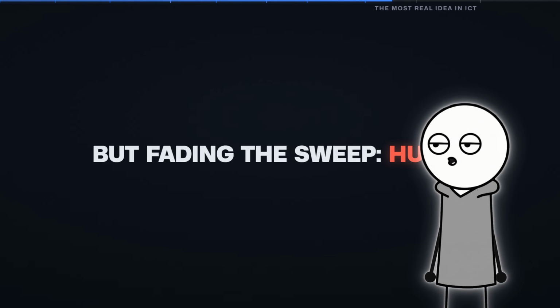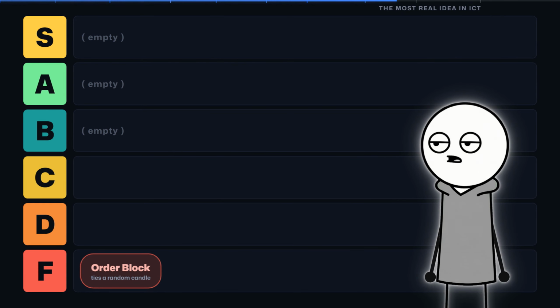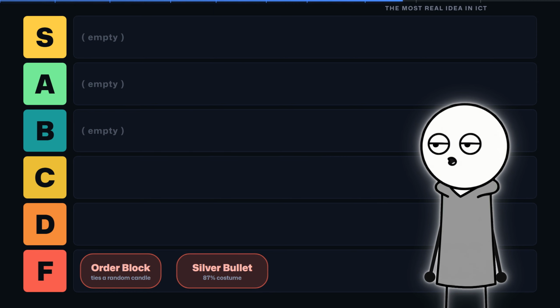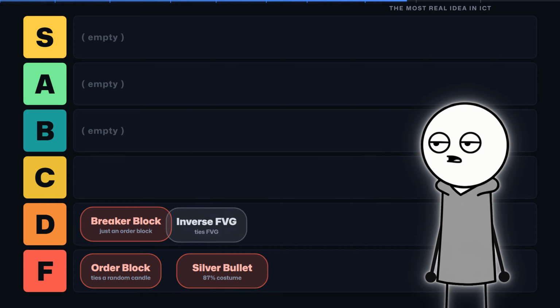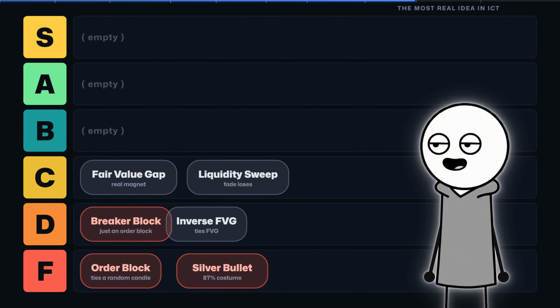If you only used liquidity to predict where price wants to go, you would be right almost every time. But the trade everyone teaches, fade the sweep, buy the second it grabs the lows, that version lost money in our test. The prediction is elite, the trade is not. High C for the read, F for the way you are told to play it.